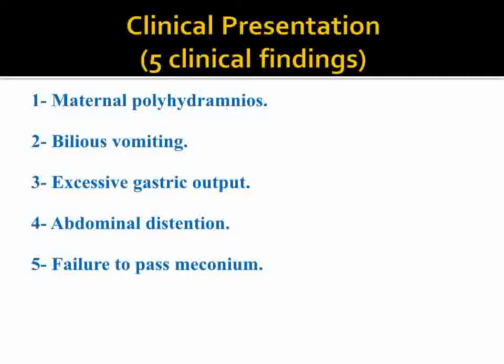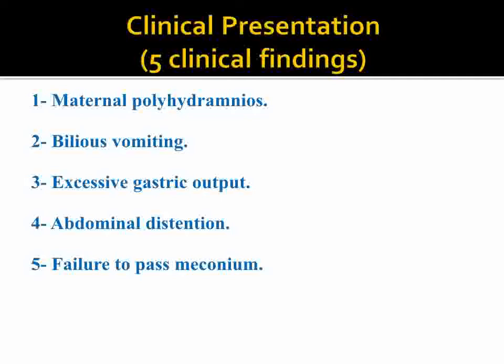So maternal polyhydramnios is an antenatal sign that there is proximal intestinal obstruction. In distal obstruction, there will be no maternal polyhydramnios, because suppose that the obstruction is at the level of the ileum. This fluid will be swallowed by the baby and passed down from the esophagus, stomach, and it will be absorbed in the small intestine. So there will be no problem of polyhydramnios.